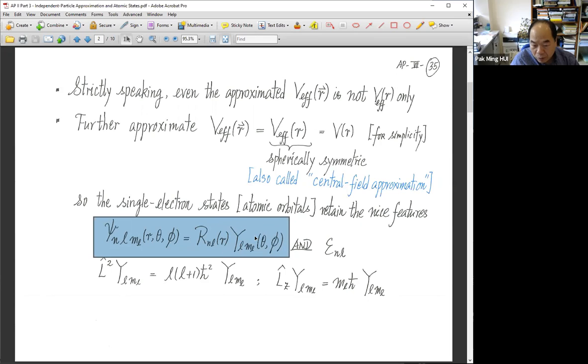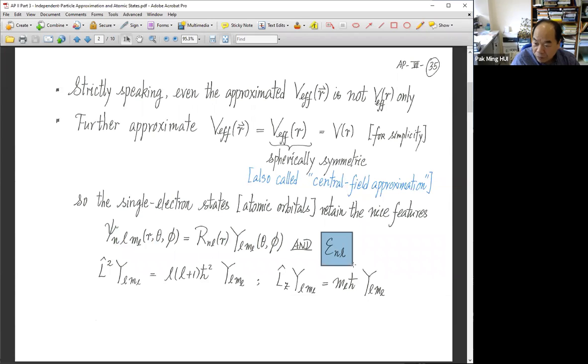In addition, we know that the energy on the right-hand side of the equation is related to n and l because this potential is not strictly Coulombic. If it were Coulombic, then epsilon would only depend on n, as you have seen in the hydrogen atom problem.